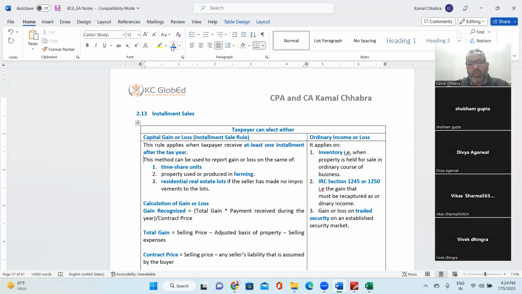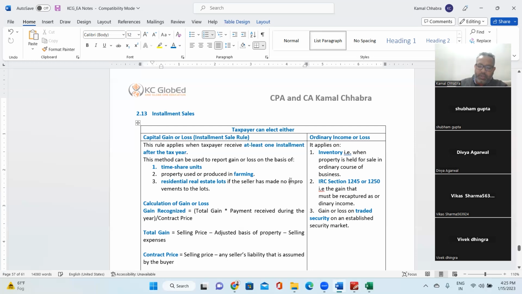This method can be used to report gain or loss on the sale of a timeshare unit, property used to produce farming, and a residential street plot if the seller has made no improvement in the lot.